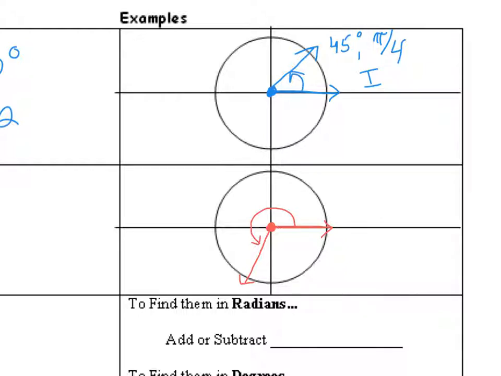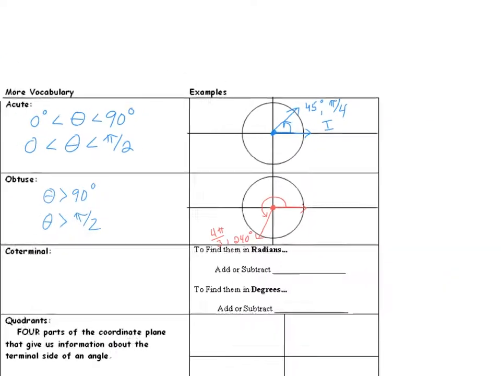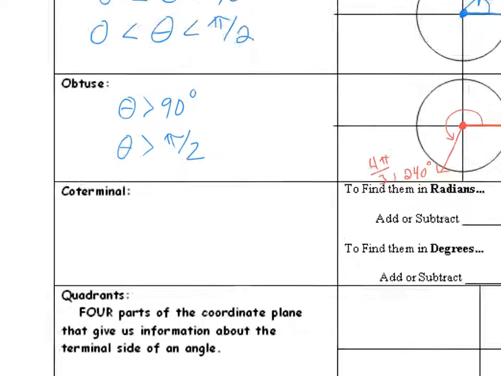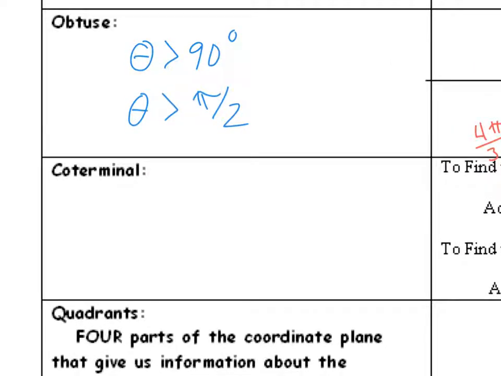Hopefully you're starting to memorize. It's 240 degrees. And that would also be, in radian measures, our 4 pi over 3 angle from yesterday's lesson. Big rotation. Okay, once again, coterminal angles are angles that have the same terminal side or stopping spot.